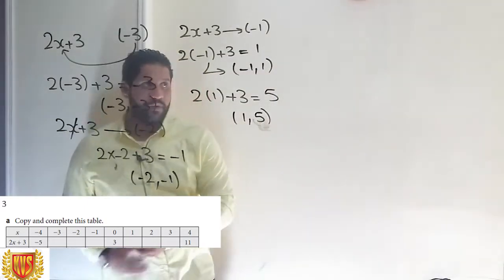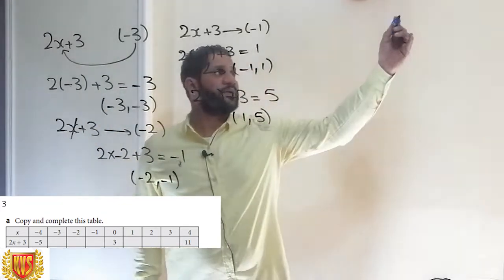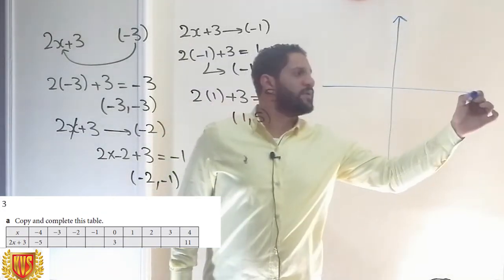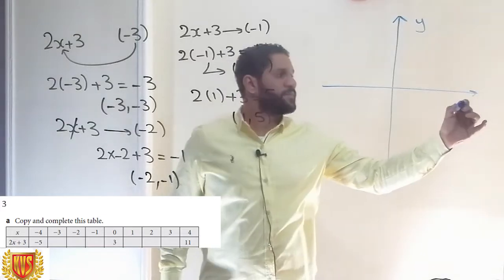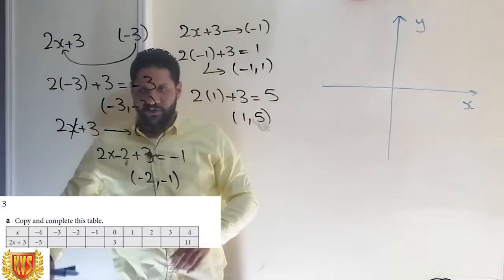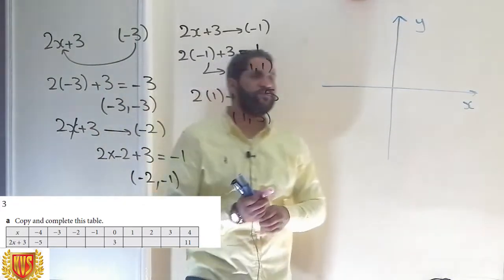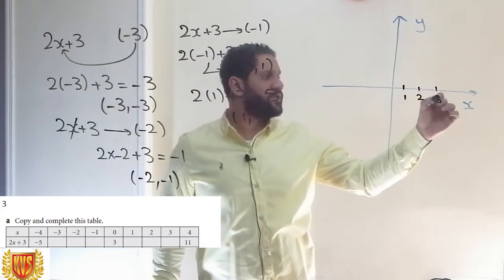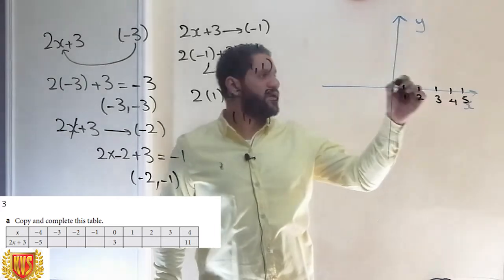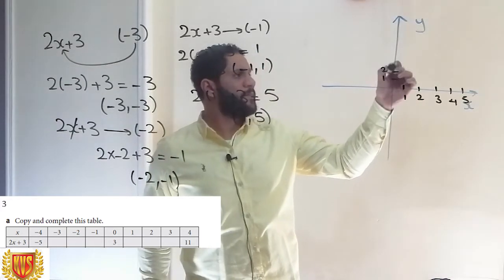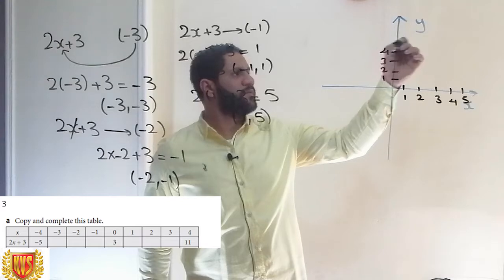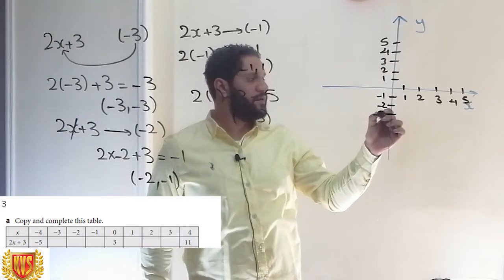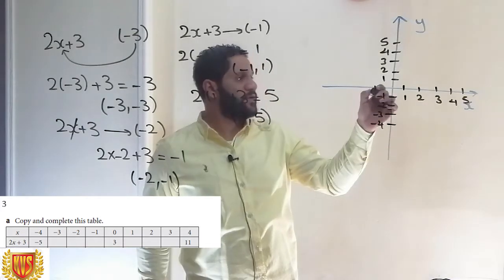Okay, I start drawing my axis. This is the y, and this is the x. Okay, you start putting your numbers. You are going to put 1, 2, 3, 4, 5, and the same going negative.